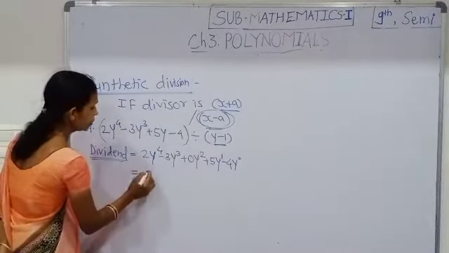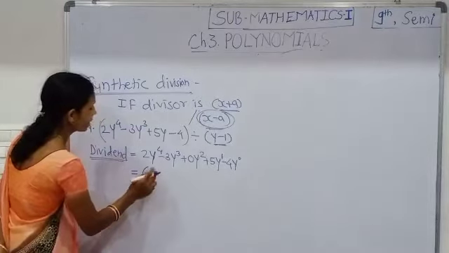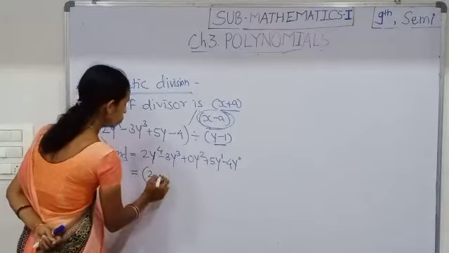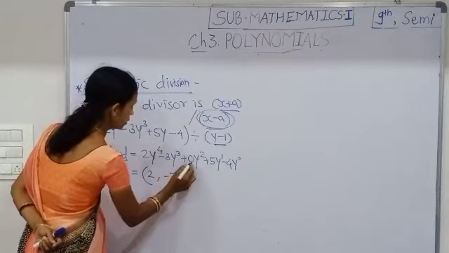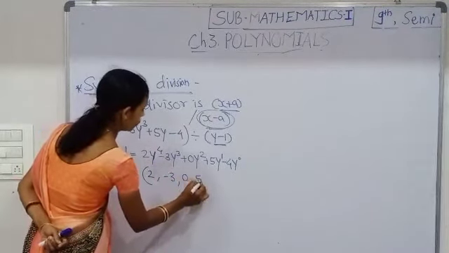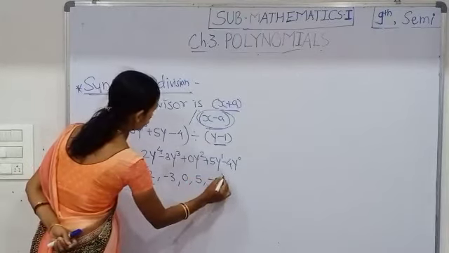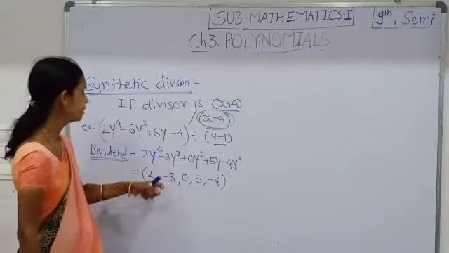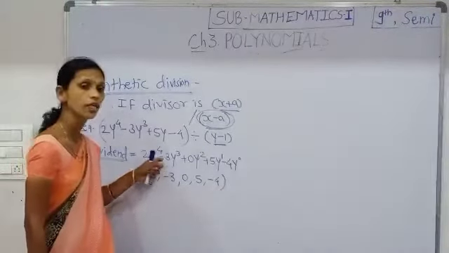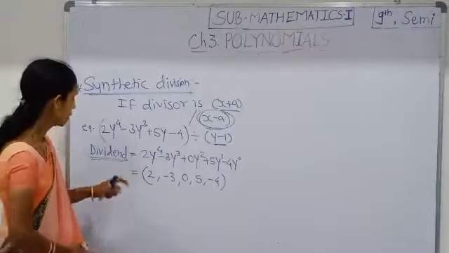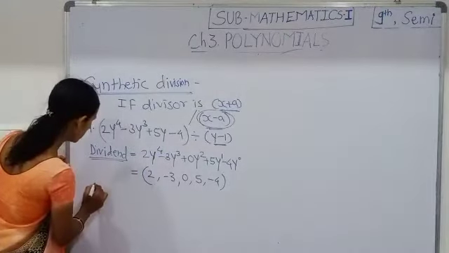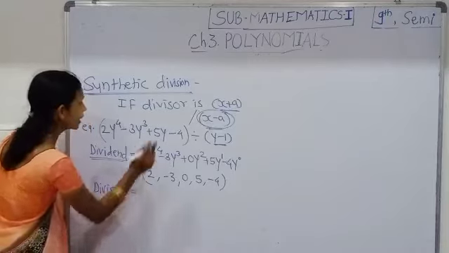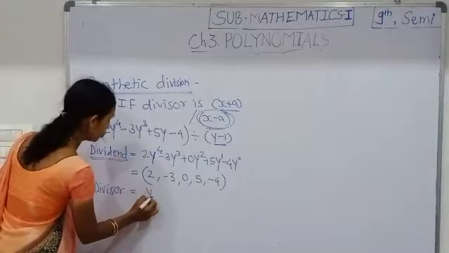The coefficient form of that polynomial is 2, minus 3, 0, 5, minus 4. That is the coefficient form of the polynomial given as the dividend. Then we write the divisor, which is in the form of x minus a, here y minus 1.